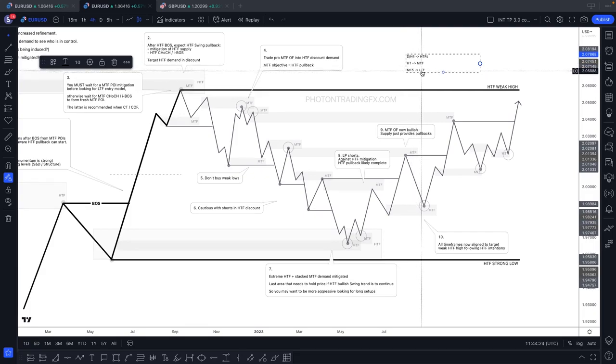If you notice, it is exactly the same, and that's why I won't repeat myself on this diagram, because it's exactly the same as how we trade on the M1. The only difference is that I jump time frames. So instead of having M15 as the medium time frame, I have it as the low time frame. Instead of H4 or H1 being the high time frame, I have H1 as medium time frame and the daily as the high time frame.